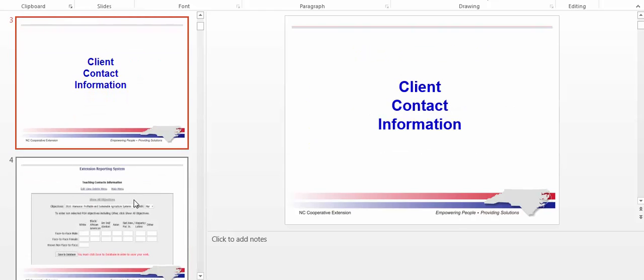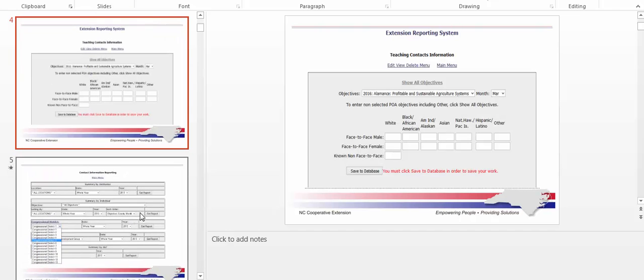And the first section is client contact information. These are also sometimes called our teaching contacts, where we have face-to-face and known non-face-to-face. So this is what the entry screen looks like on the teaching contacts information, and up in here you have the objective or objectives that you put into your plan of work.